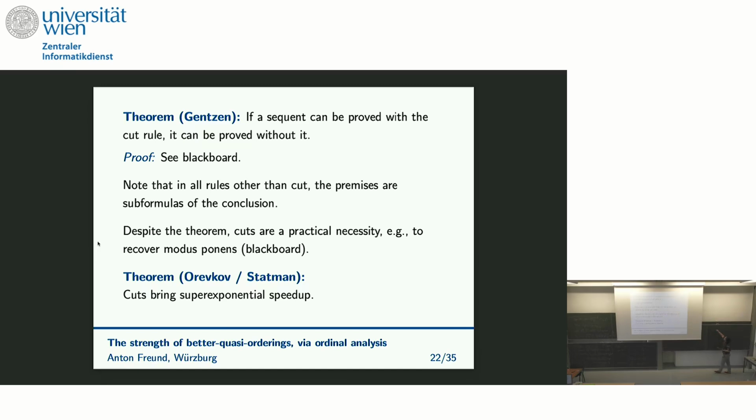So if you have modus ponens, how would you recover that in sequent calculus? So the idea is you have a proof of phi and you have a proof of phi implies psi. And first of all, you have to think about what phi implies psi means in negation normal form. Well, it means not phi or psi.